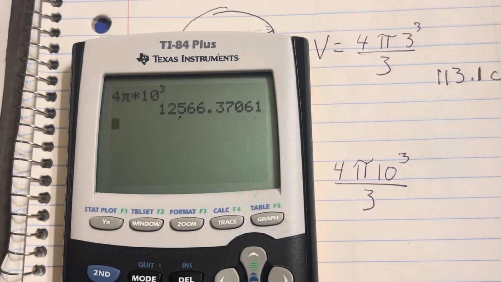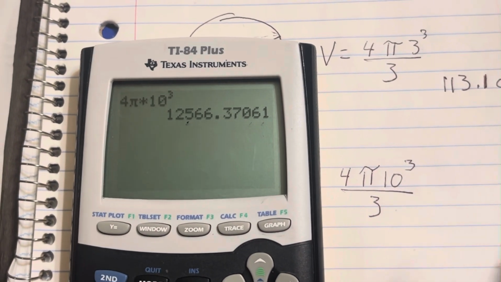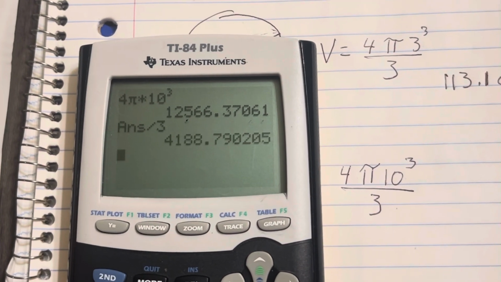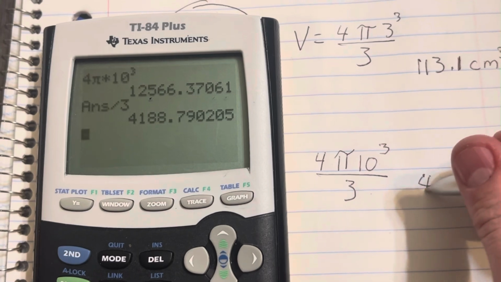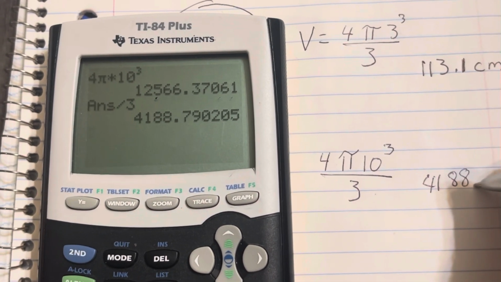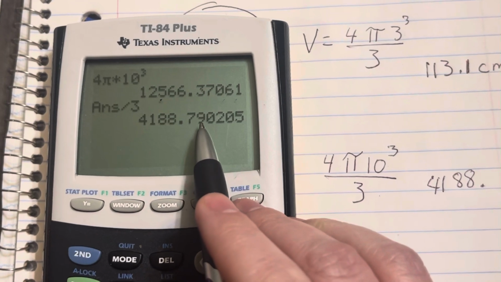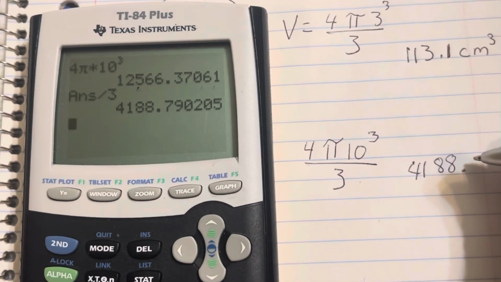We've got this answer. And then last step we need to do is divide by 3. And there we have it. 4,188 point. Let's see the rounding again. The 9 makes us round up to an 8.